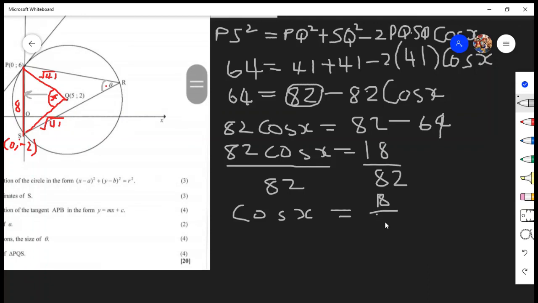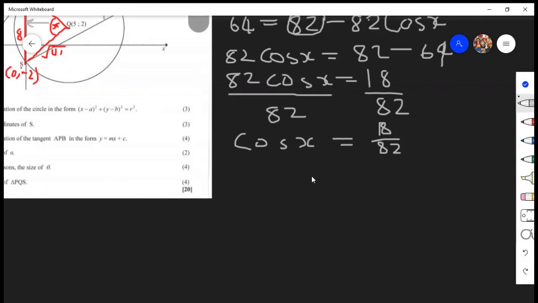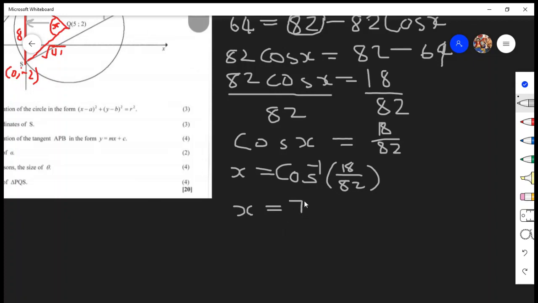And in order to now get X individually, since X is an angle, all we do is transpose cos to the other side and it becomes cos inverse, right? So X is equal to cos inverse of 18 over 82, and angle X is therefore equal to 77.32 degrees.